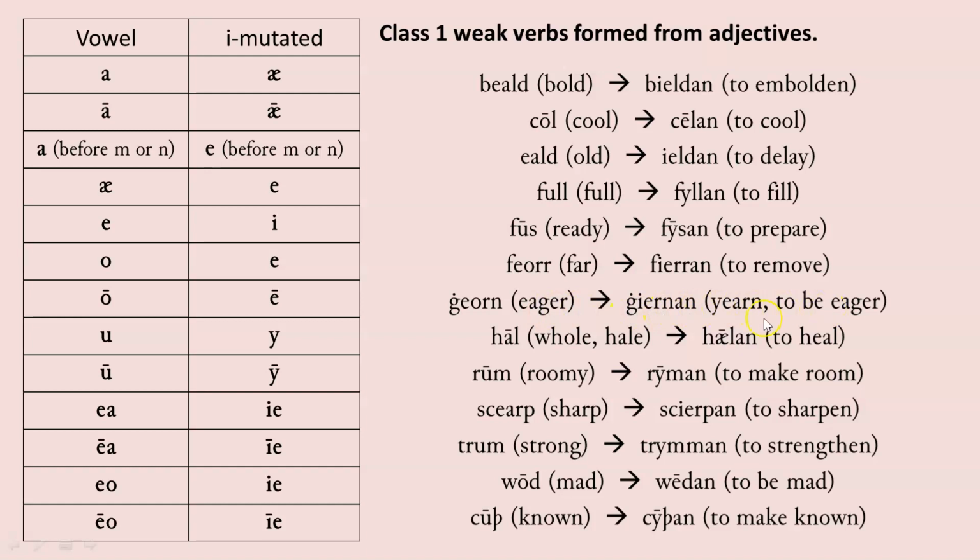Yearnan, yearn, to be eager. Hal, whole, hail. Halen, to heal. Room, roomy. Ruman, to make room. Sharp, sharp. Sharpan, to sharpen. Turum, strong. Turuman, to strengthen. Walled, mad. Waidan, to be mad. Kuth, known. Kuldan, to make known.